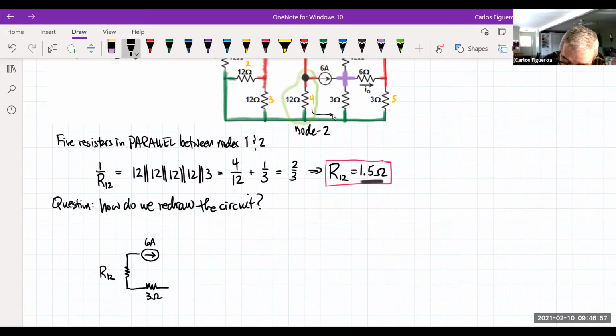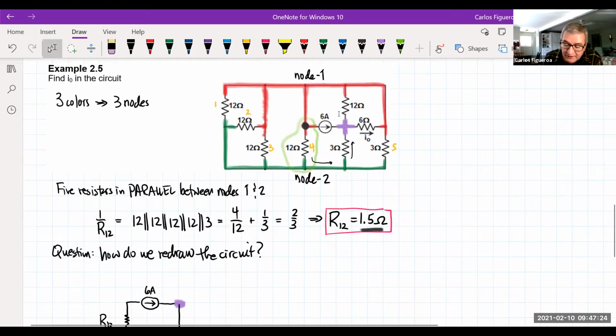And then I head up this way, and as I head up here, I get the purple node. Here's where the purple node is, and this guy comes in and connects right there to the purple node.